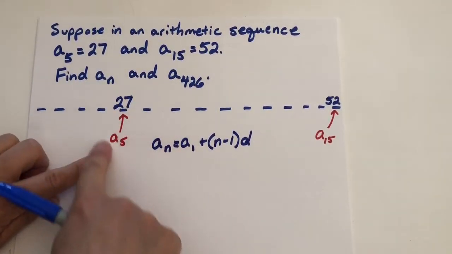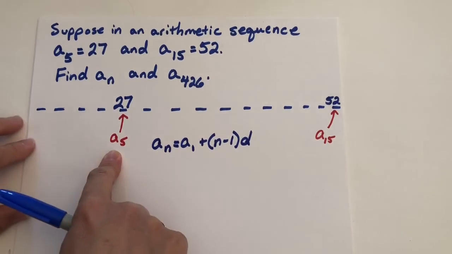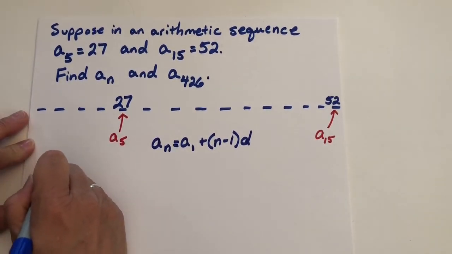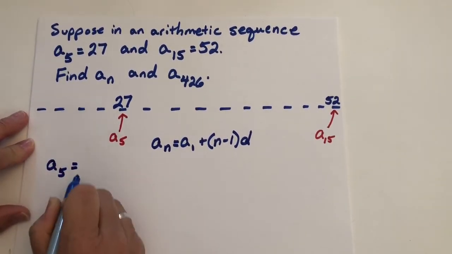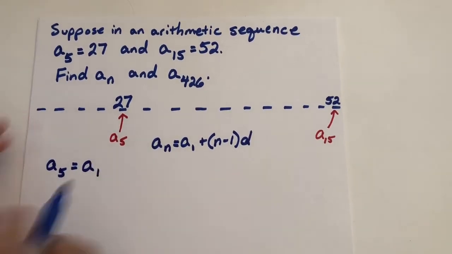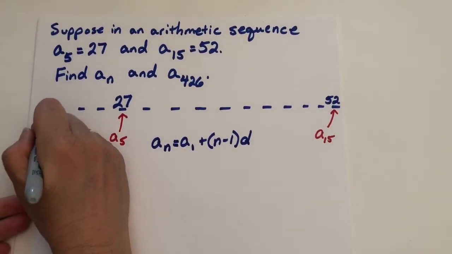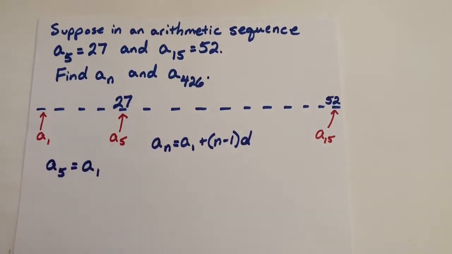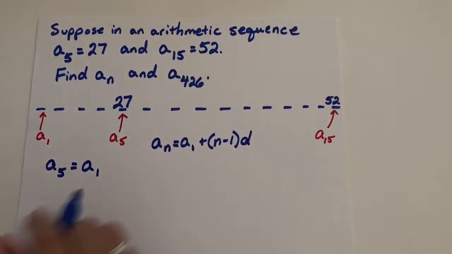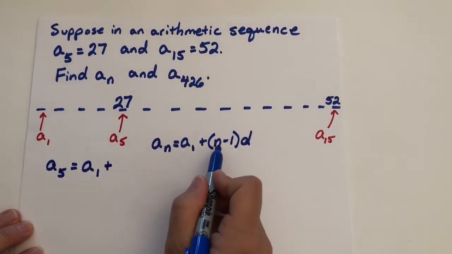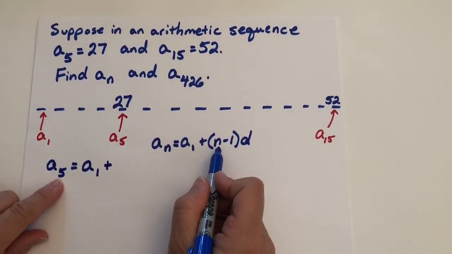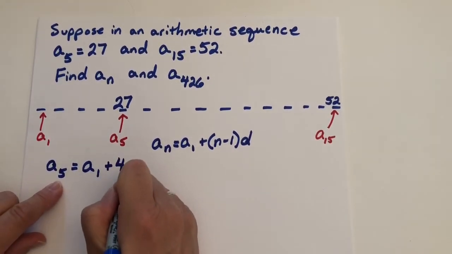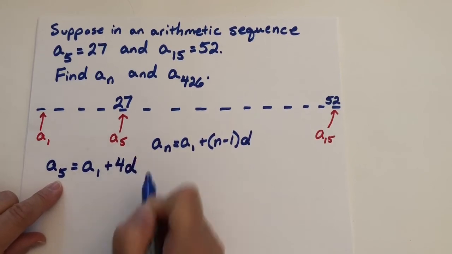Just based on this, we know the 5th term is the first term, right? First term is right here. We don't know what the value of it is, but there's our first term, plus n minus 1. N is 5, so n minus 1 is 4, times d.